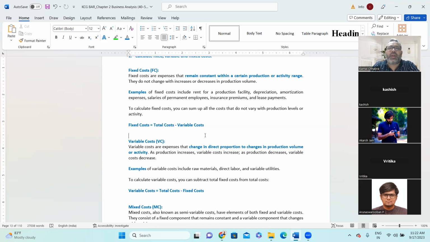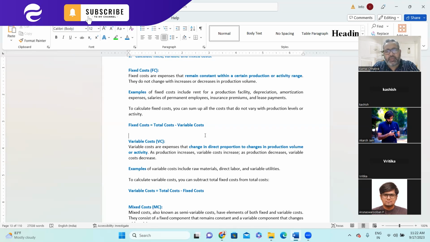On the other hand, like one example which Ayush was sharing, the electricity cost. There may be a possibility that a machine has a certain capacity to consume electricity, and basis the consumption of electricity, it will be producing the specific product. For example, there is a tire manufacturing company, right?